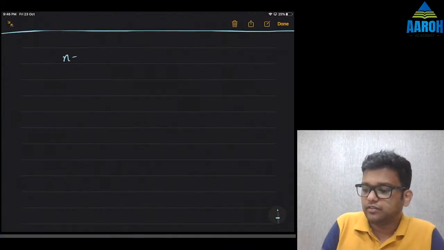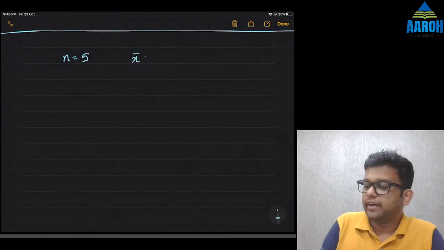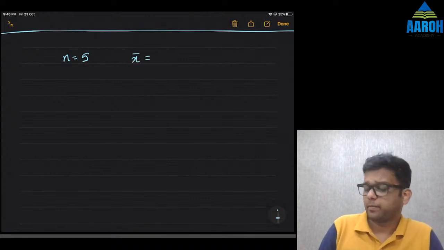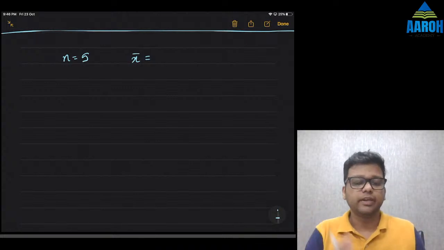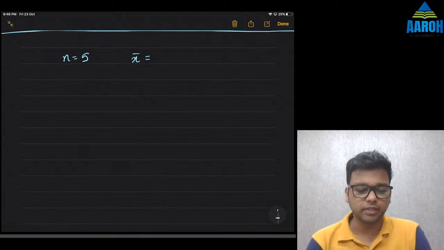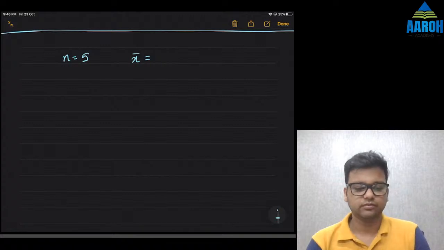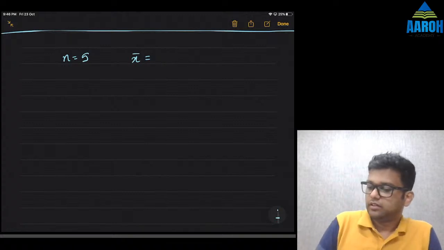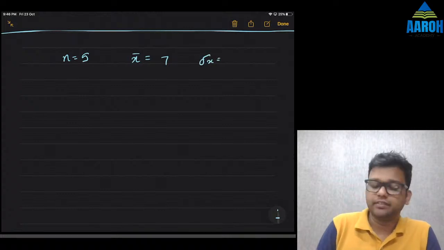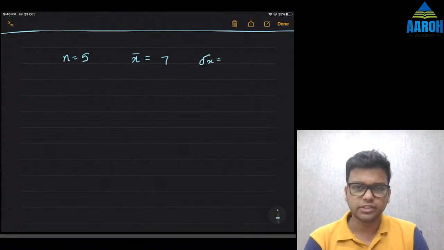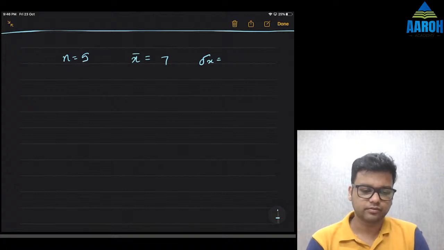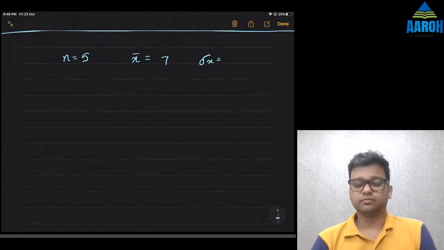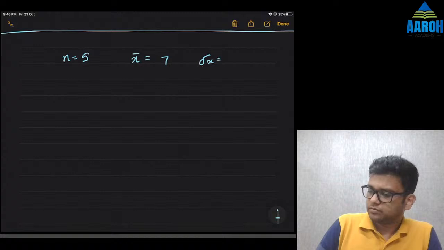Let's say for 5 observations, x bar is given as, let me take a suitable example. X bar is 7, let's say, and sigma x is given as root 8.